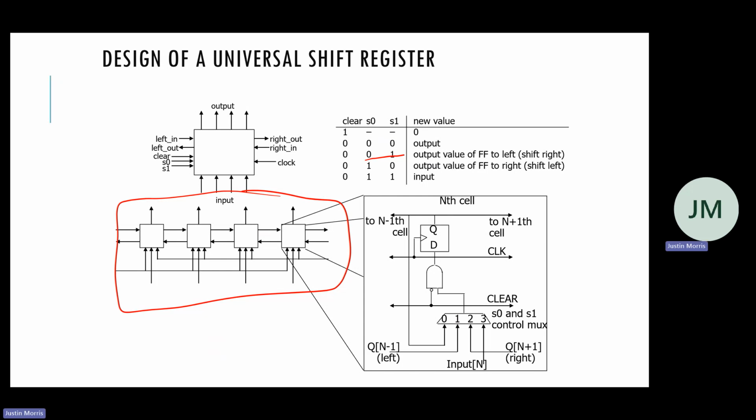If I want to shift left by 2, clear is 0, S is 2, wait 2 clock cycles. And then I can also just put an input in and then shift it. So this is a universal shifter.